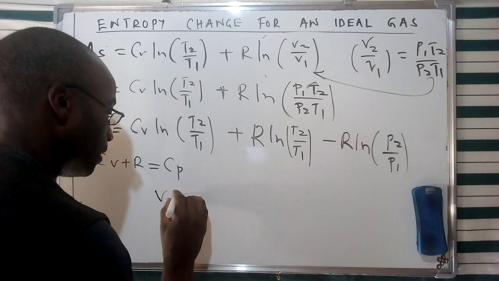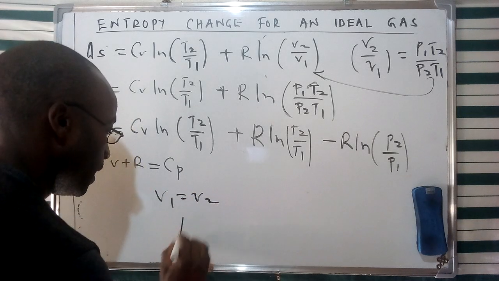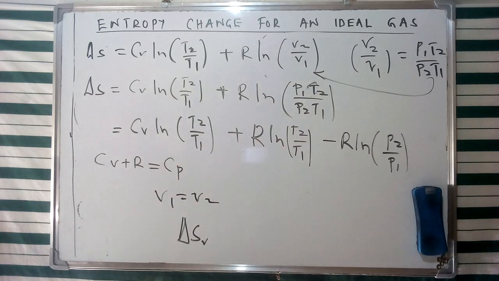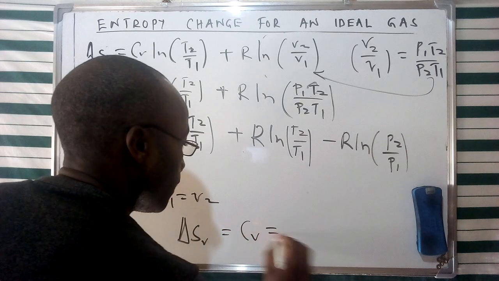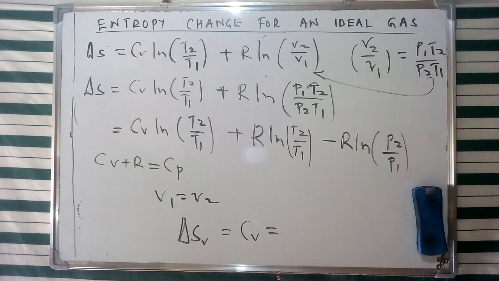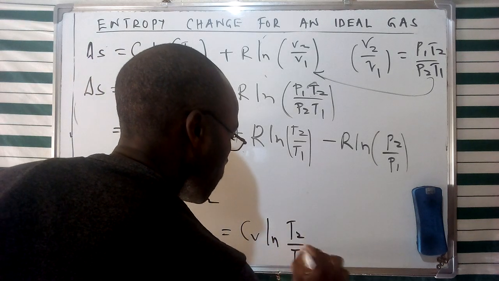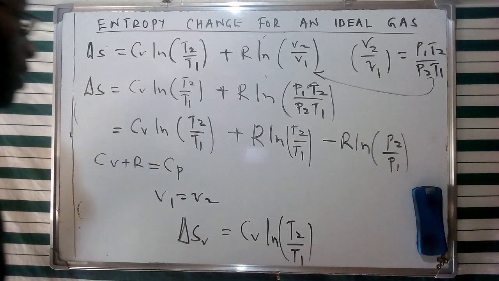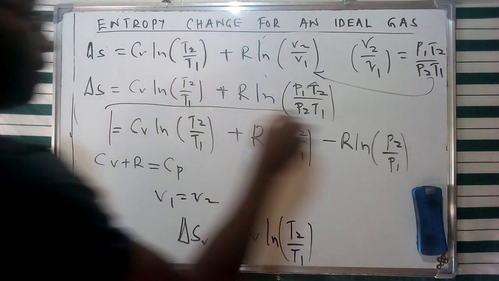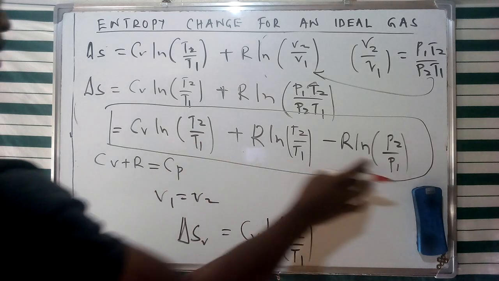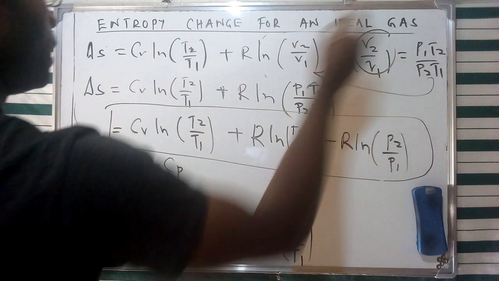So whenever V1 is equivalent to V2, then the change in entropy is going to be given in terms of Cv, the natural log of T2 over T1. So this basically is a consideration of this general representation, whereby we're going to have either pressure, temperature, or volume in this particular case.